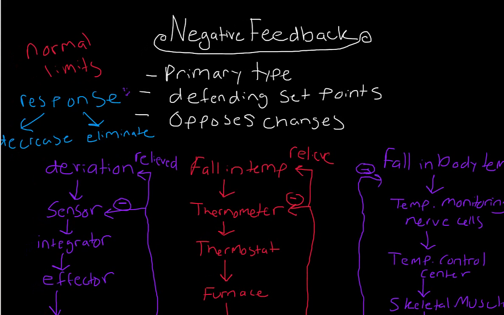And those changes will respond by either decreasing or eliminating the stimulus that brings about the harm in the body. And this is to establish equilibrium of the body. And this is why it's a mechanism that opposes changes in order to bring about a balanced system in the body. And the next video will look at positive feedback and how it's also a homeostatic relationship that is necessary for the body to be in.